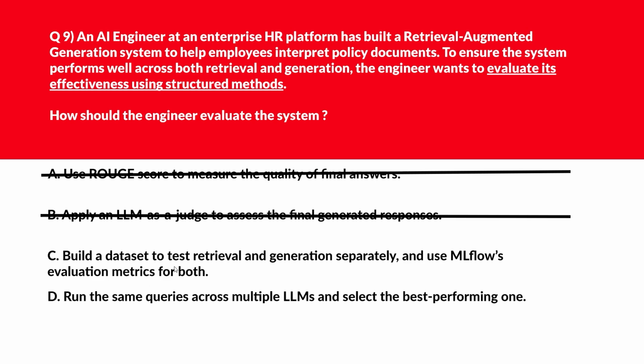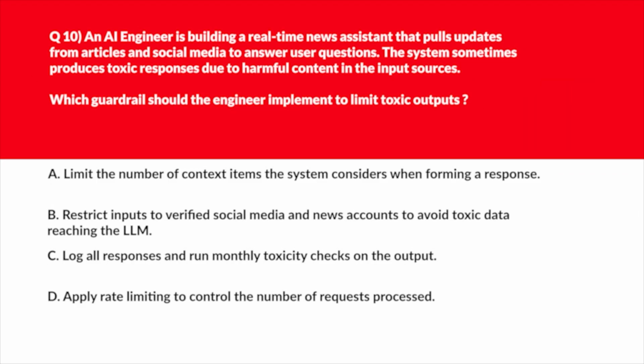Let's keep this. Option D says run the same queries across multiple LLMs and select the best performing one. Comparing LLMs doesn't reveal how well the retrieval pipeline supports the final output. We'll delete this. We'll lock option C as the right answer. Alright, now let's look at this question.